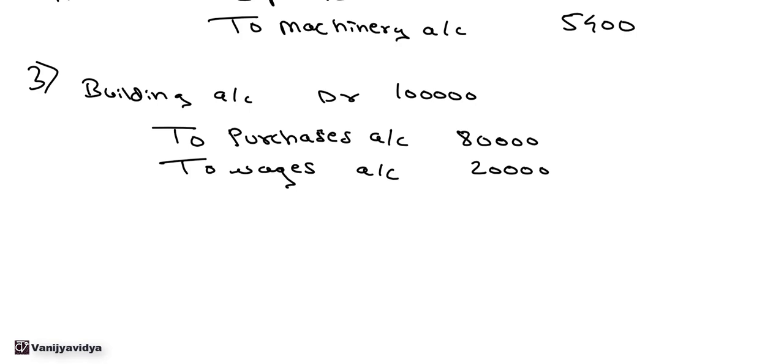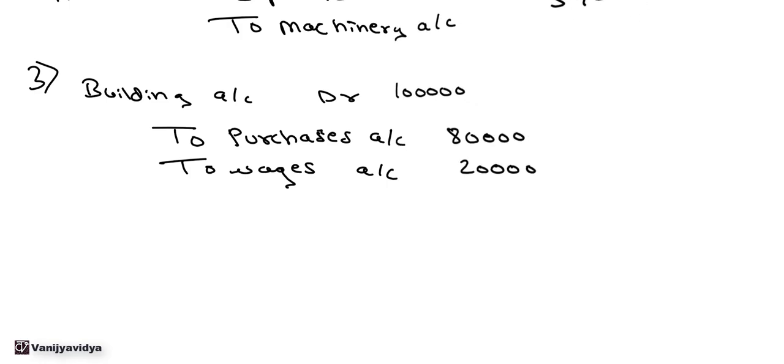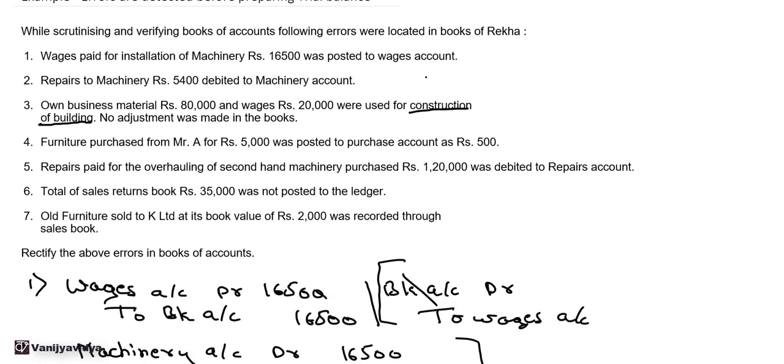Now the next one. 4. Furniture purchased from Mr. A, rupees 5,000, was posted to the purchases account. So again this is an error of principle. There was some asset which was purchased, but it was considered as regular purchases.